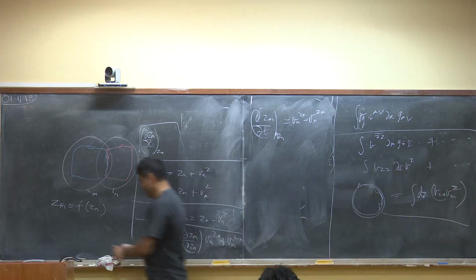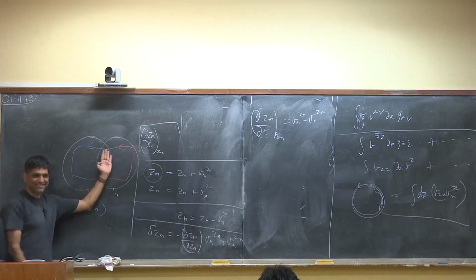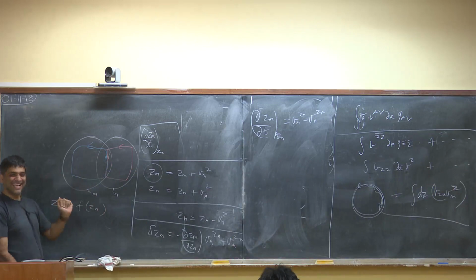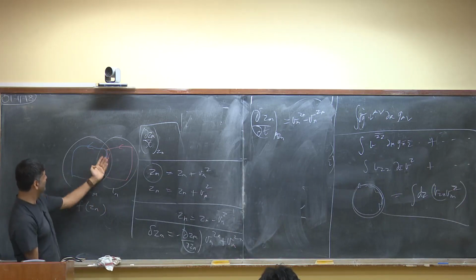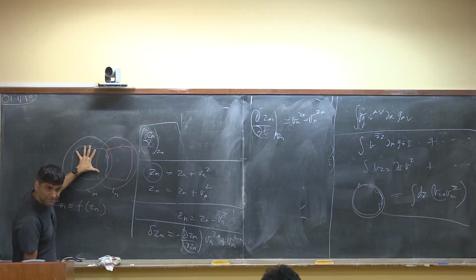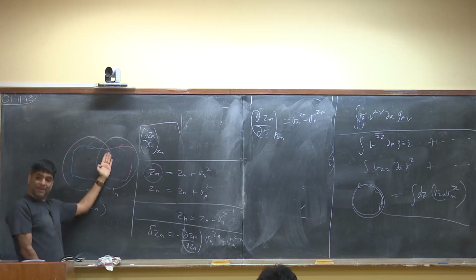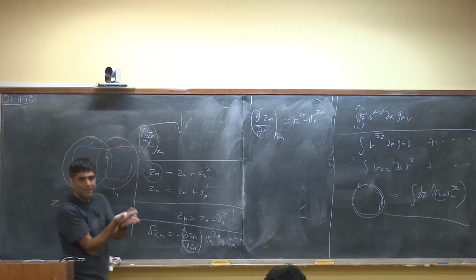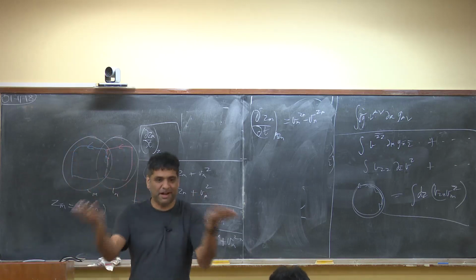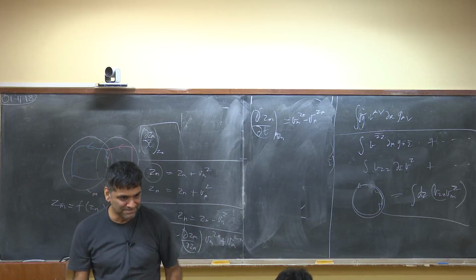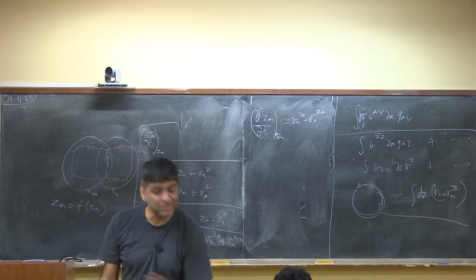So Indranil will be happy to note we're dealing with vector fields. These are the V's. We've got a vector field here that is relevant to this coordinate transformation, and a vector field here that is relevant to this coordinate transformation. Since it's a vector field on a manifold, in the overlap region both vector fields can be referenced to the same coordinate system. Once you do that, it's natural to subtract them.